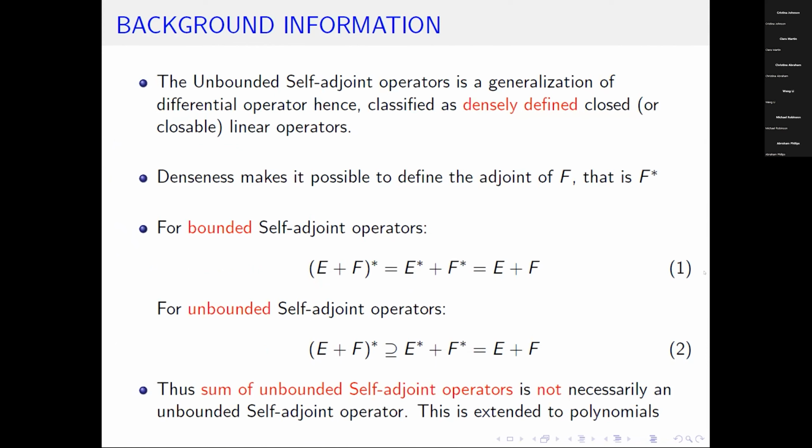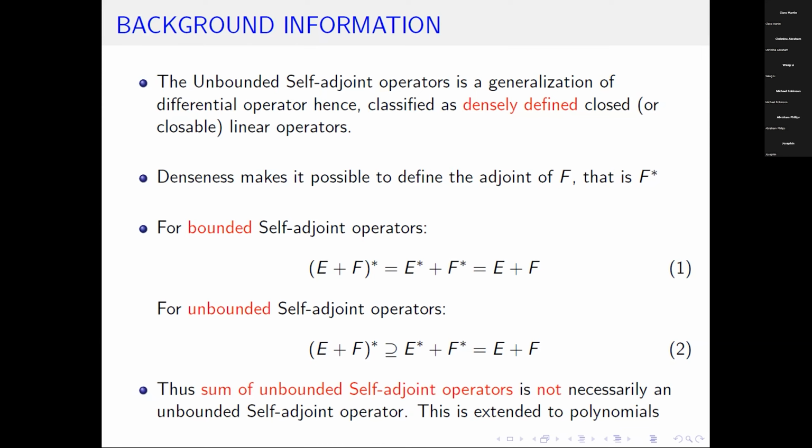The unbounded operators are the operators that were defined to generally describe what differential operators are. And these differential operators have a lot of application in quantum mechanics, mostly the study of particles in atoms, in molecules, and in many body systems.